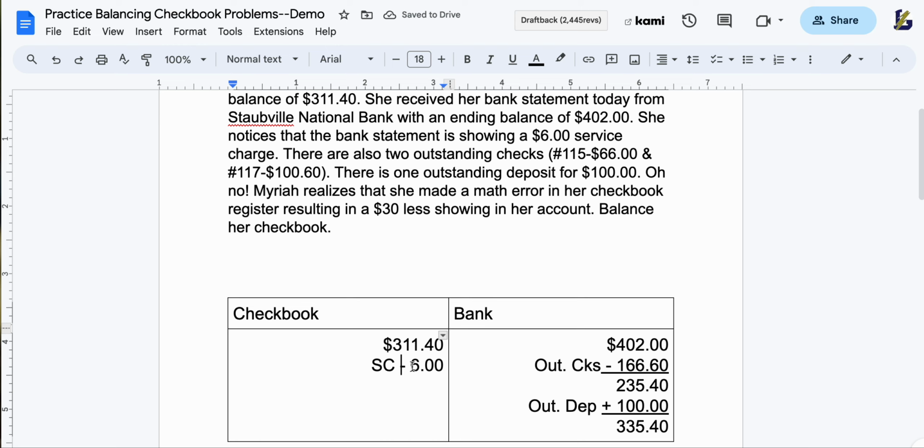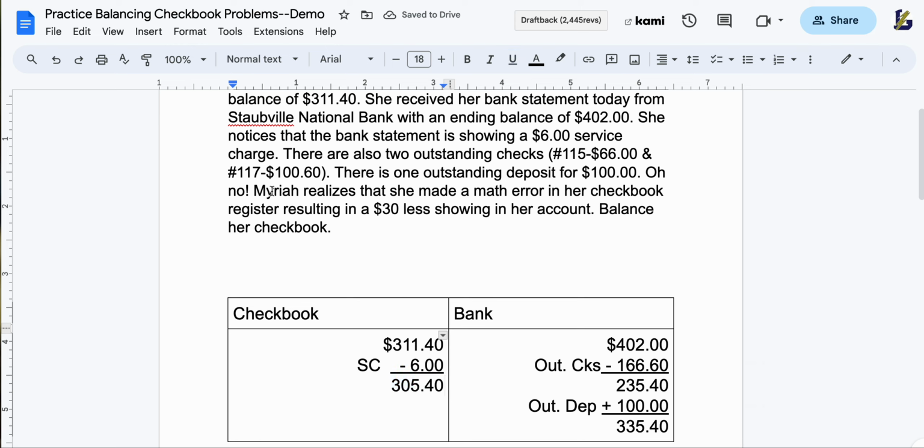When I subtract this, we get $305.40. We are off by $30.